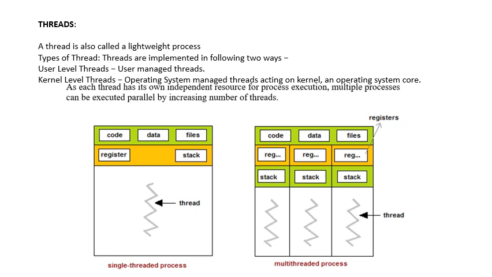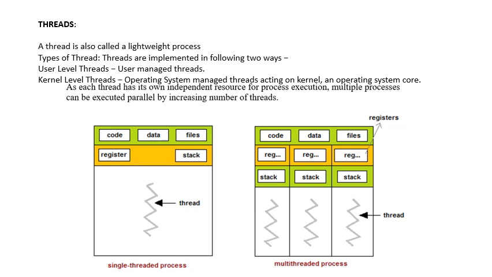Coming to user level threads, the kernel is not aware of these threads and does not support them. User level threads are managed by the user level library itself. User level threads are fast compared to kernel level threads, and here context switching will happen.